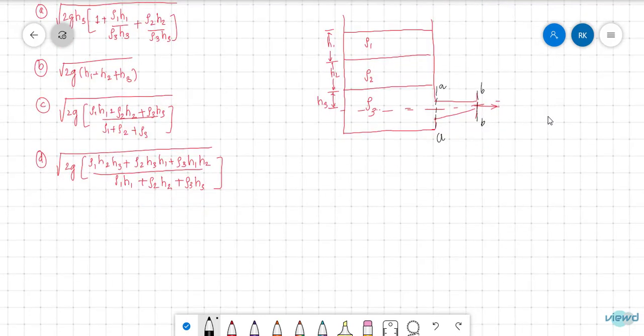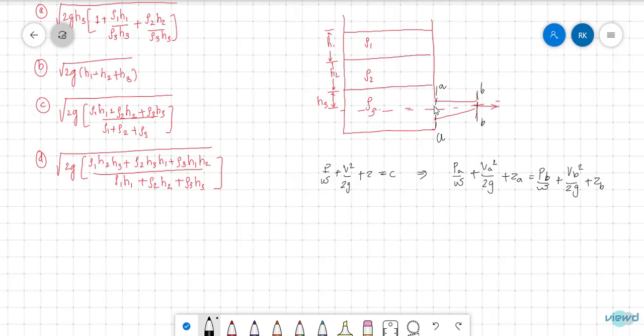What does Bernoulli's equation state? Bernoulli's equation is P by W plus V square by 2G plus Z is equal to constant. If we apply this here, PA by W plus VA square by 2G plus ZA is equal to PB by W plus VB square by 2G plus ZB.